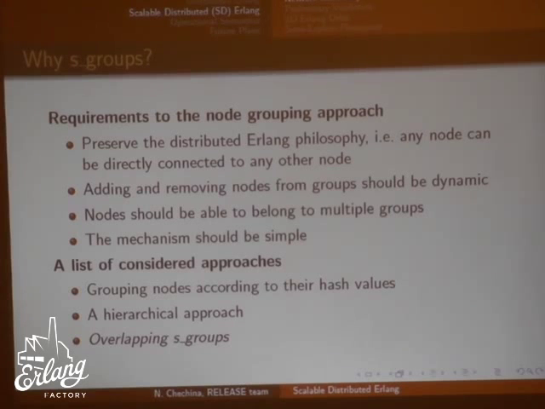But here, it means that we can't actually connect any node to any other node, because if it's hierarchical, nodes can be connected only within their group, and to the parent and child nodes, but we can't do interconnections over there. So we just decided to do overlapping and see what will happen.